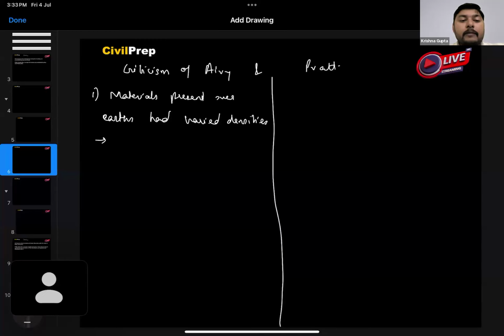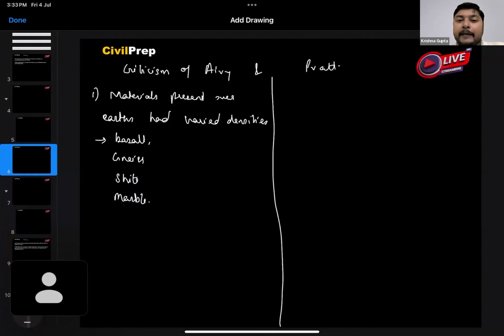For example, basalt, gneiss, then we can have schist, then we have marble. All of these materials have varied density.